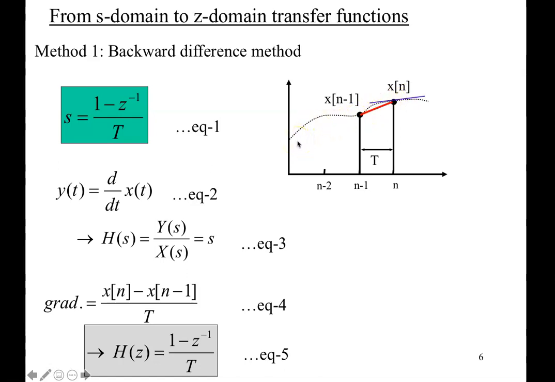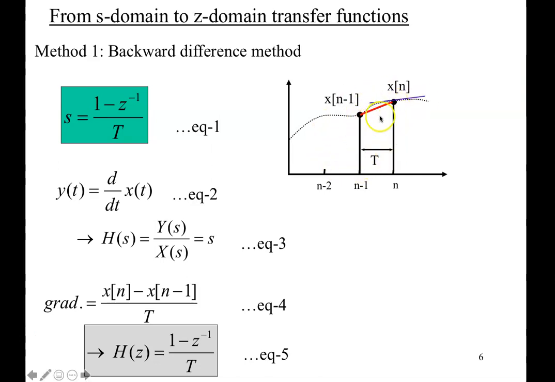But for digital systems, we don't have any values in between, because the only value I have here is there. So I work out the slope between these 2 points and approximate that to the blue line there in continuous time. As long as your T is small enough, this line is very close to the blue line, or the slopes of both will be very similar.